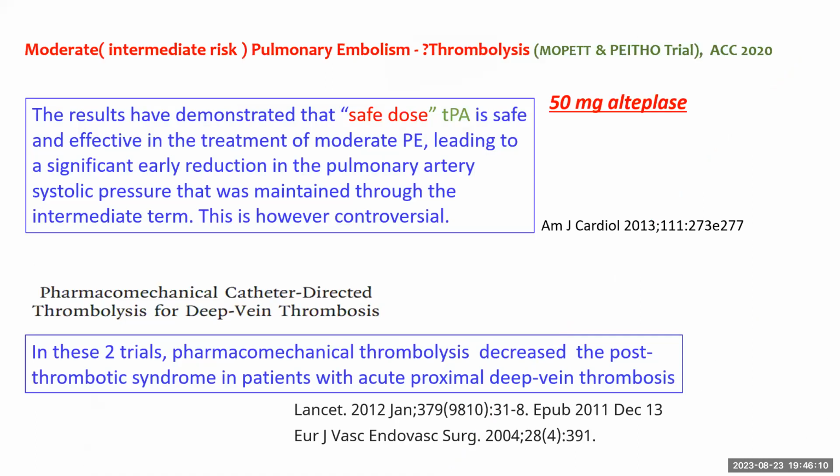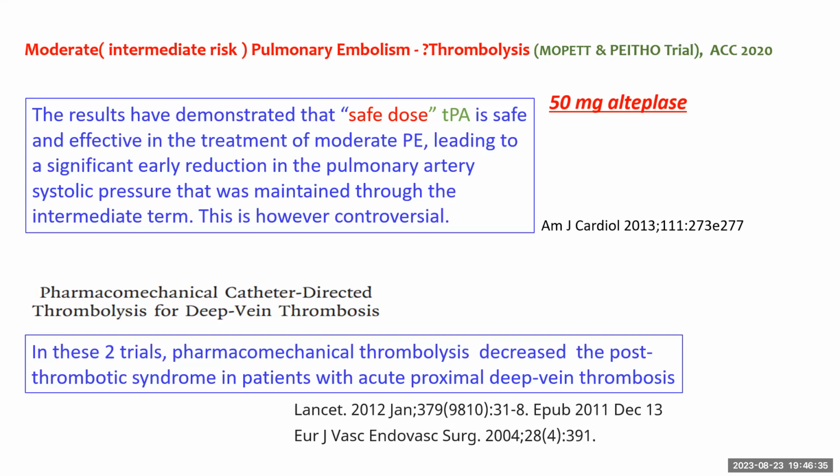Now coming to a slightly controversial area, that is the treatment of moderate or intermediate-risk pulmonary embolism. Some trials were done for this, namely MOPETT and PEITHO, and there are guidelines from the American College of Cardiology 2020 which say that a low dose of alteplase can be used, low dose being 50 milligrams, safely in these patients.